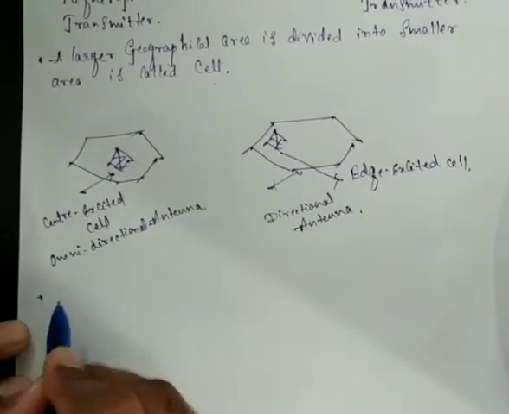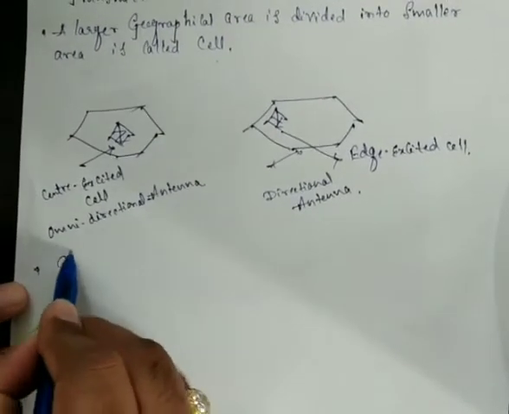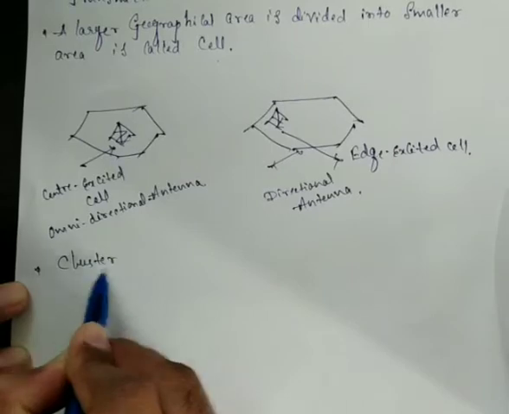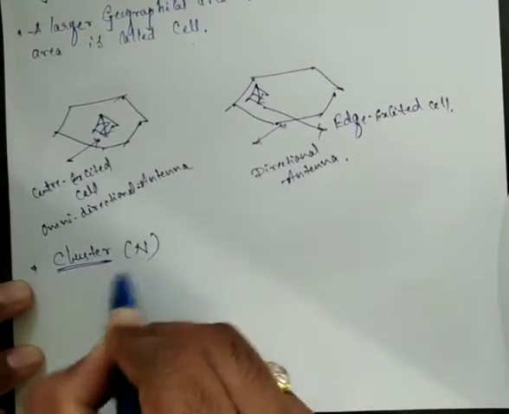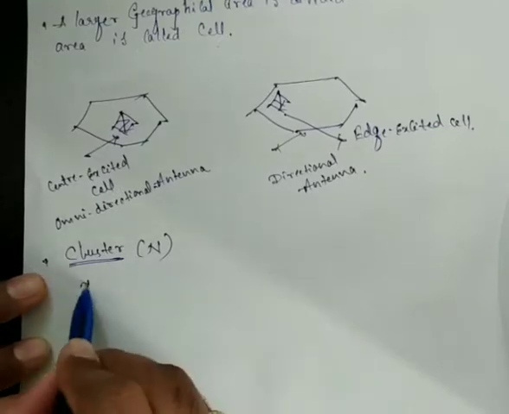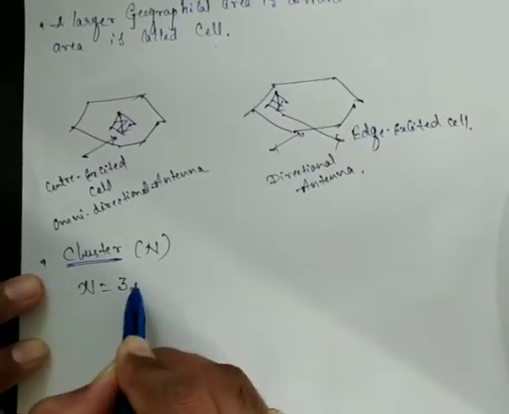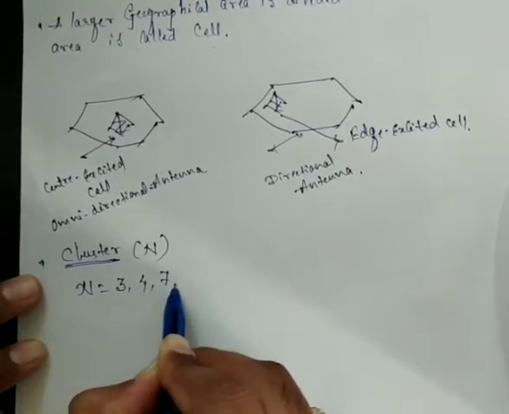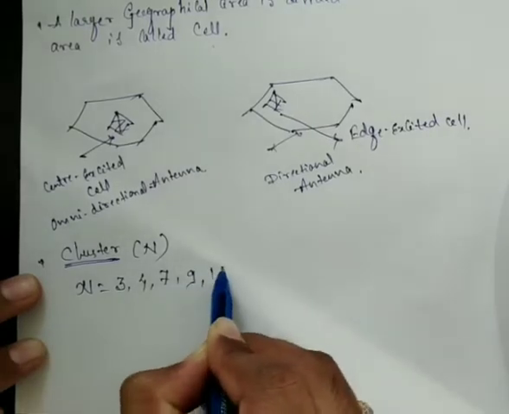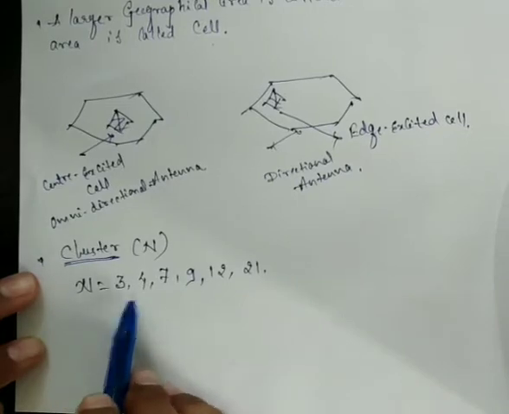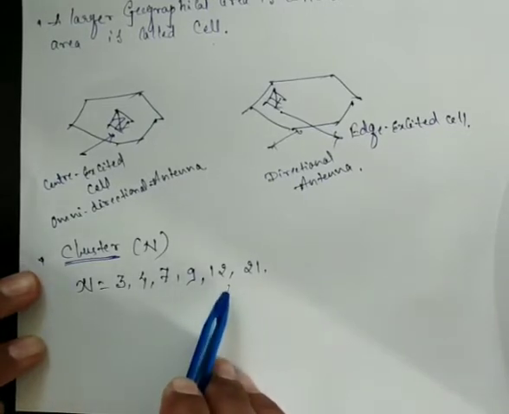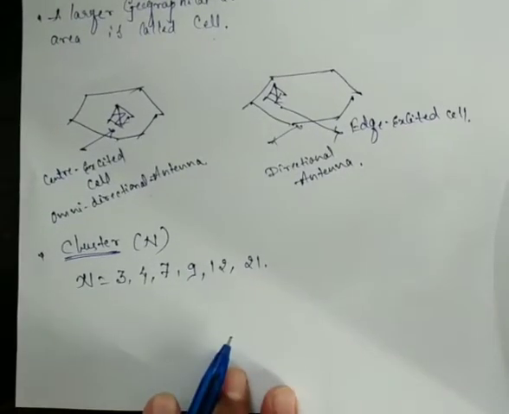Next we'll see what a cluster is. A cluster is denoted by the symbol n, where n equals 3, 4, 7, 9, 12 and 21. These are the defined clusters.